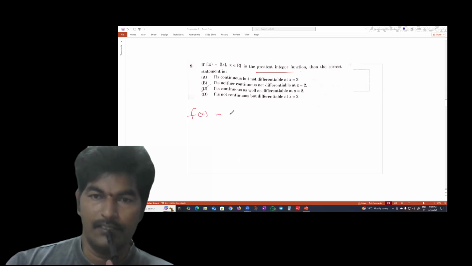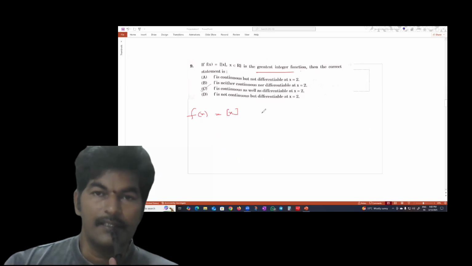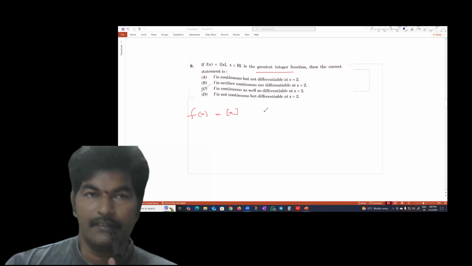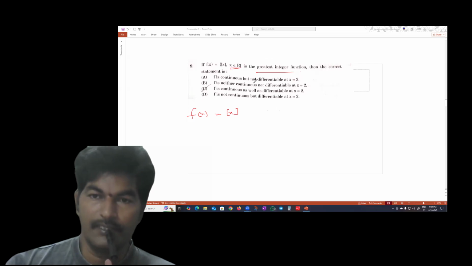X belongs to R, and f is the greatest integer function, the step function. Then the correct statement is: we already know that the step function at integral values is discontinuous. So look at the first statement, f is continuous but not differentiable at 2. We know that it is not continuous at 2, and if it is not continuous, it is not differentiable.